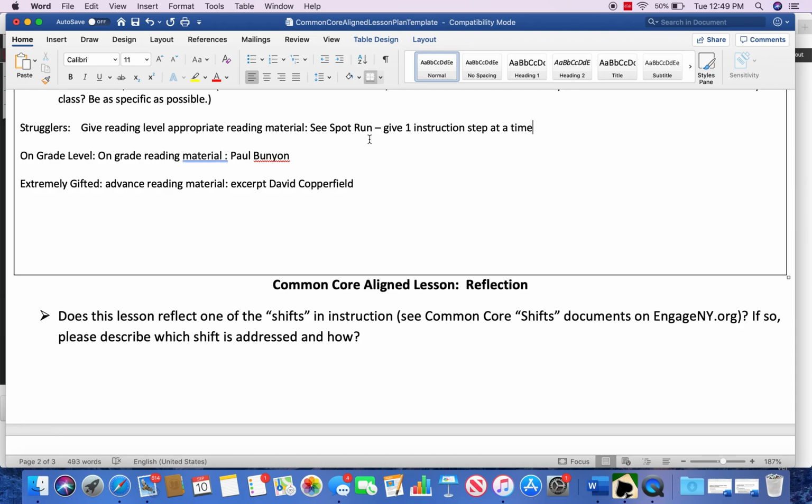Okay, so after they complete this instruction, then they come back and they read another. So maybe they just go through and look for all of these words and highlight these words. They don't read the story yet. Maybe step 1 for the strugglers, you've given them a list of words, and now every time they see that list or those phrases, they're going to go through and highlight those, and they can talk about it and say, oh, I found one on page 20. So everybody goes to page 20 and highlights it.